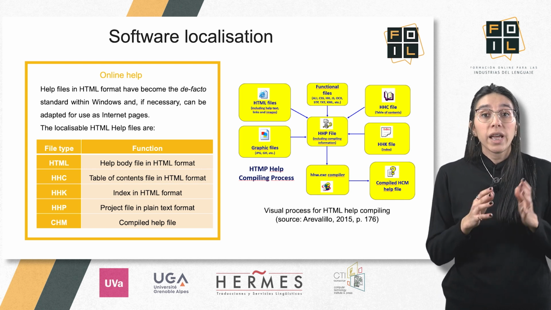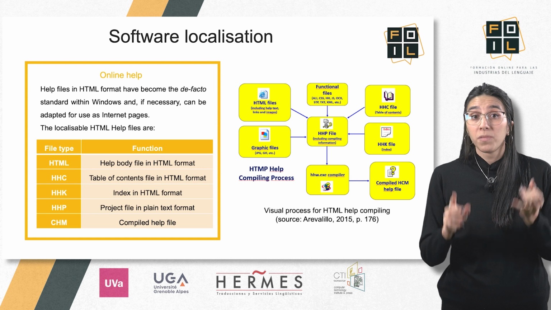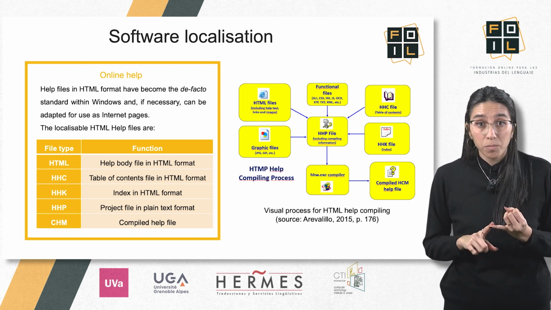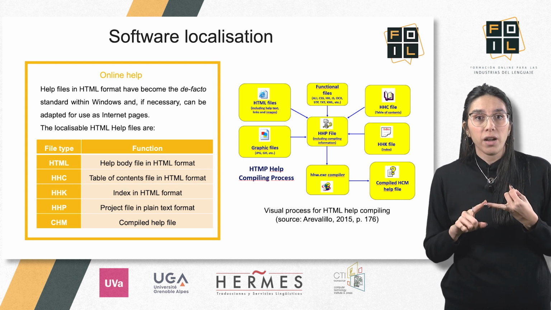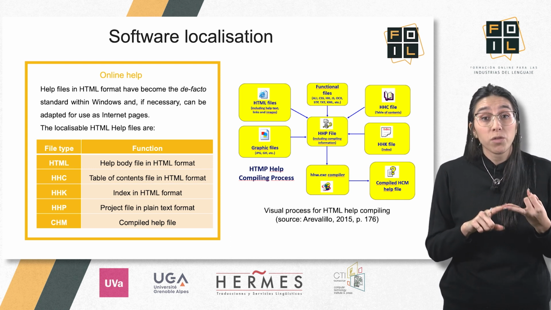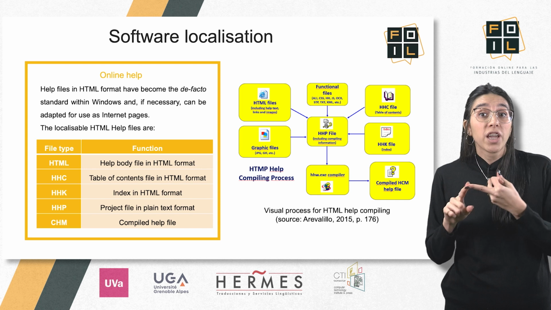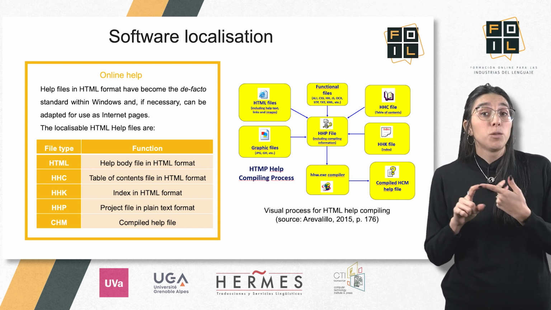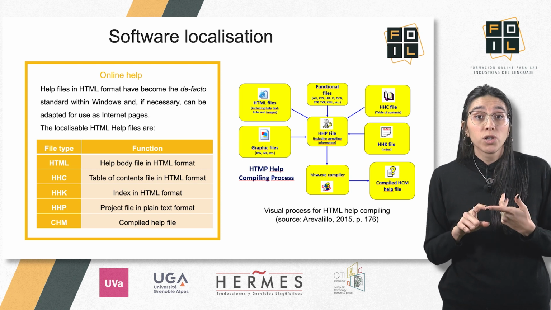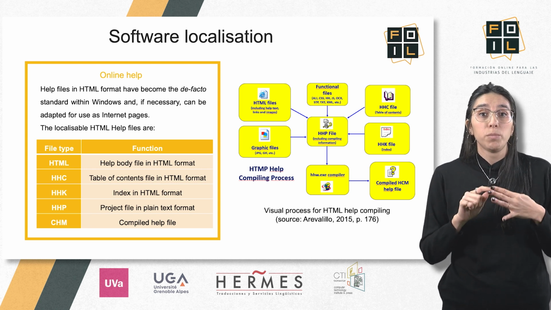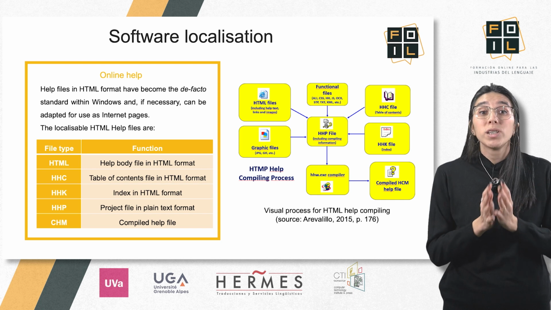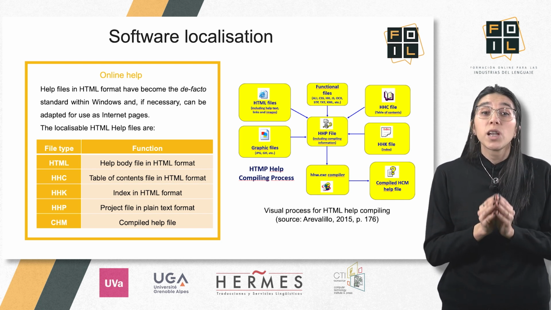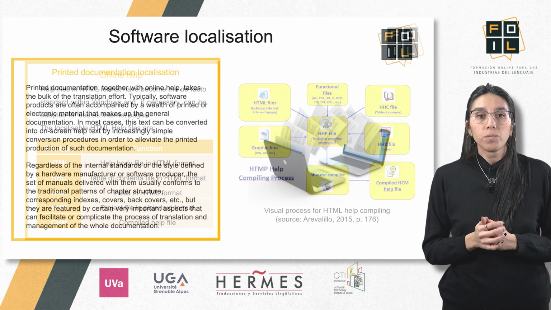The localizable HTML help files are the HTML files, which compose the body of the text, the HHC file, which structures the table of contents, the HHK file, which structures the index, and the HHP file, which controls the structure and compiling of the full help. All of them, once compiled, generate the CHM file, which contains the complete online help.